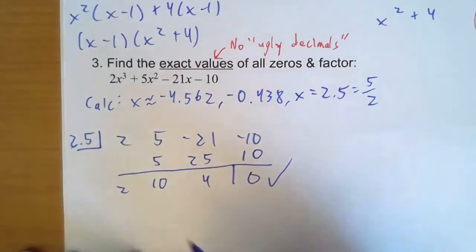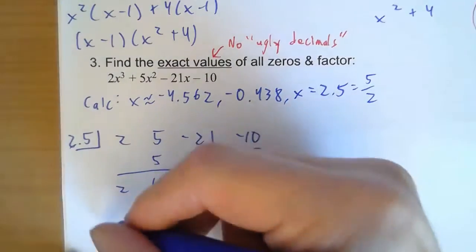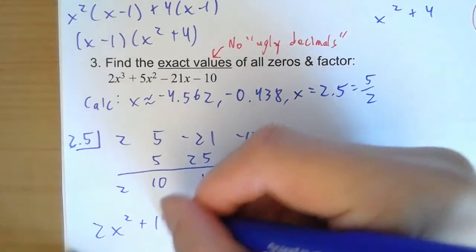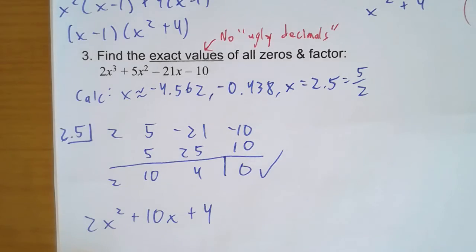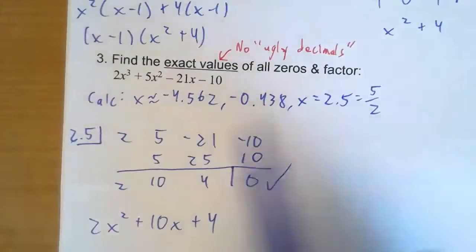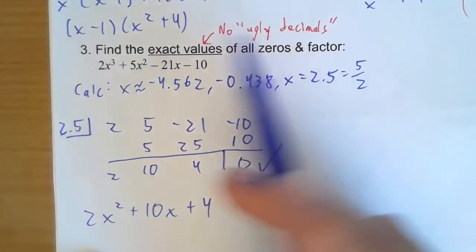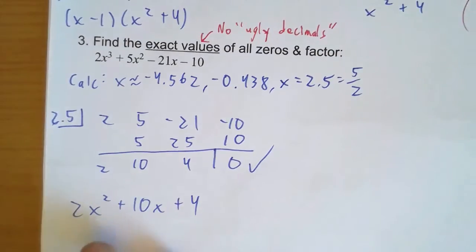Okay, and so now I'm down to a quadratic. That's what I wanted, because any quadratic we can solve. That's kind of our goal, is to get one, two, three zeros, however many we need from our calculators, so that then when we divide down, we're down to a quadratic, because we can always handle quadratics.